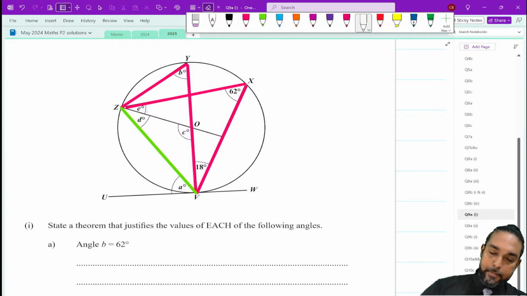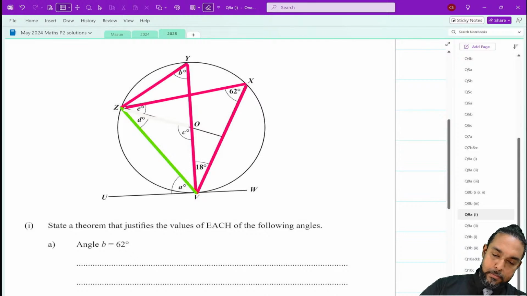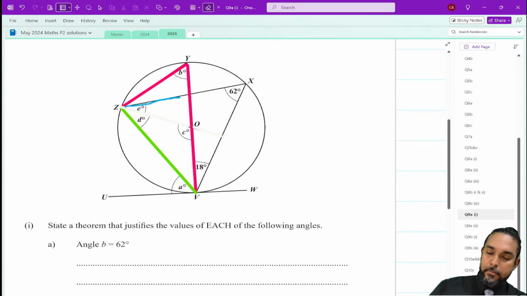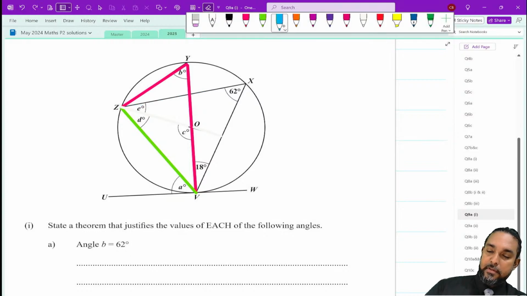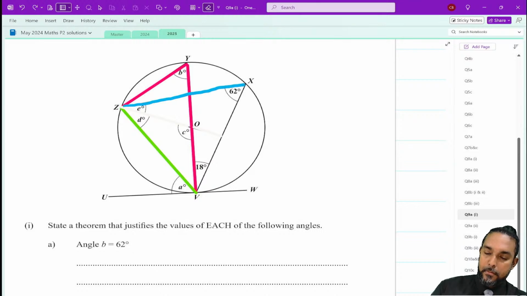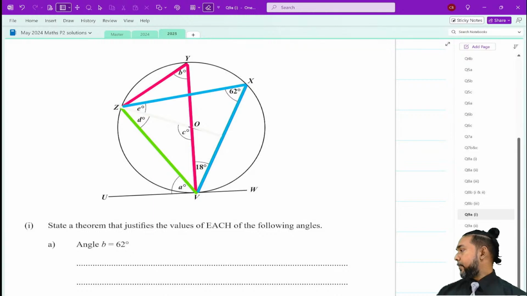If we block out that one, those two, let's put that one in a different color. We have a pink triangle built on the green base and a blue triangle built on the same green base.